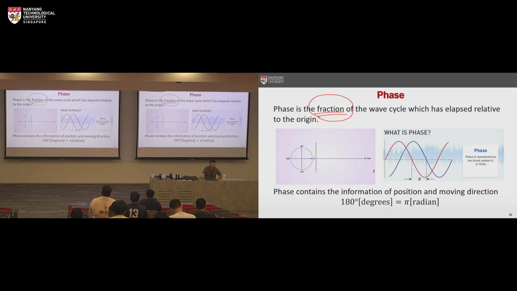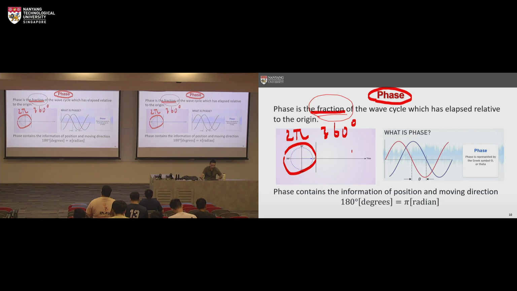Besides this, we want to introduce something new today, which is called phase. By definition, phase means fraction. It tells you a certain fraction of one cycle that your light has traveled. We know that one cycle is equivalent to 2 pi, or 360 degrees. So if you know the phase, it tells you information about the light.